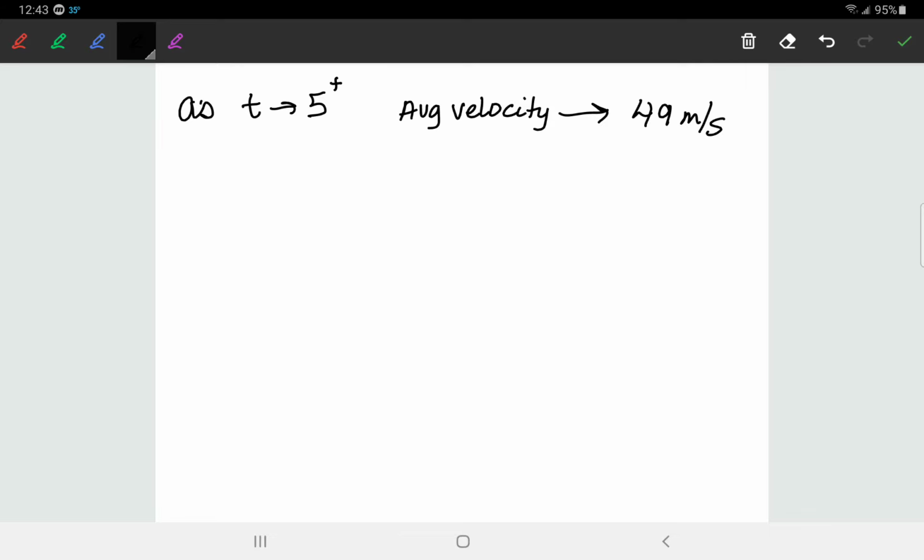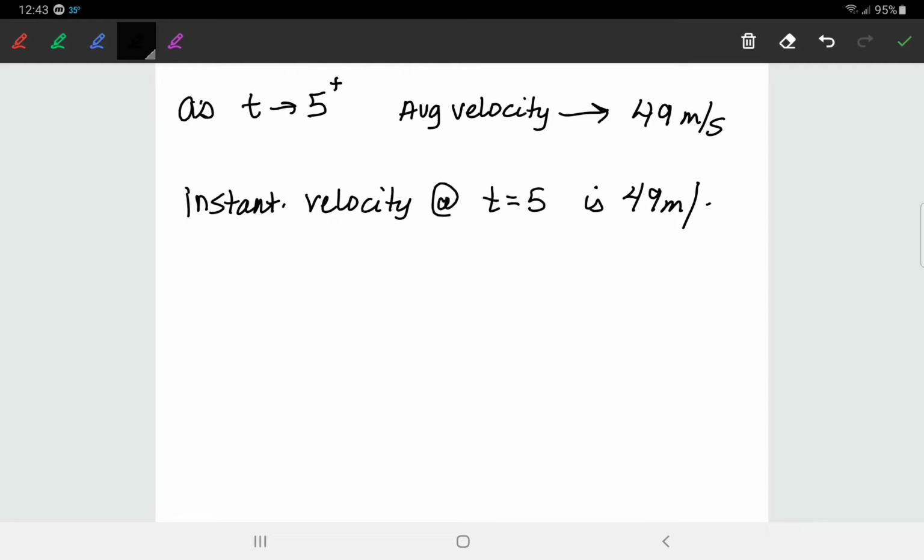So the value that the average velocity is approaching is the instantaneous velocity. So we will say that the instantaneous velocity at t equal to 5 is 49 meters per second.